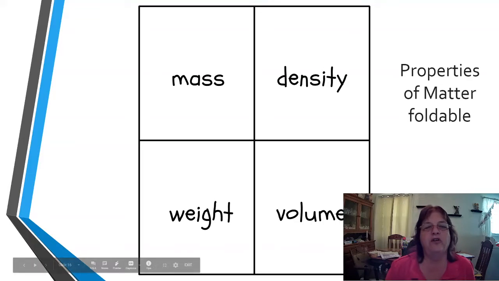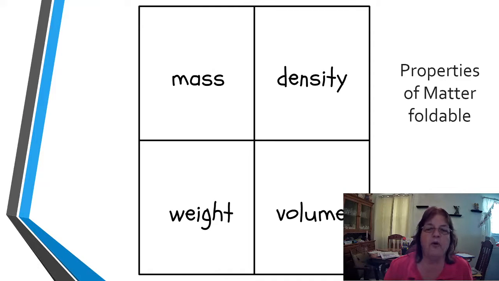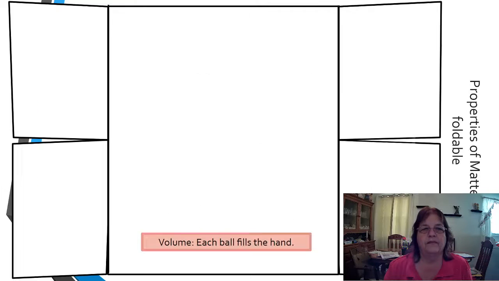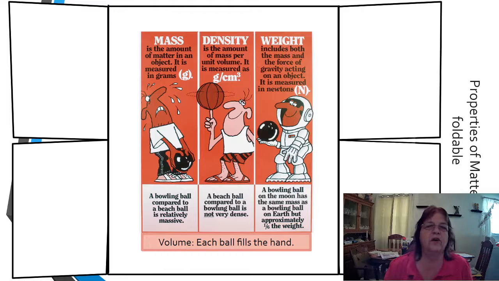On the flaps, you're going to write mass, density, weight, and volume, which are properties of matter. So write them down. I'll give you a few minutes. And on the inside, we're going to be writing the definitions. Mass: how much stuff there is in an object.